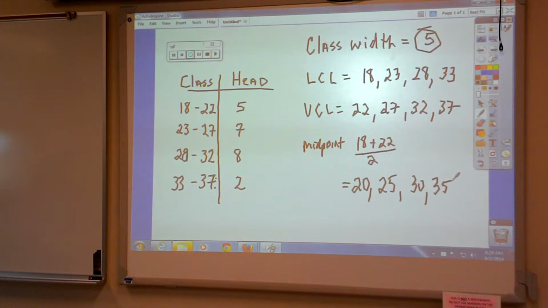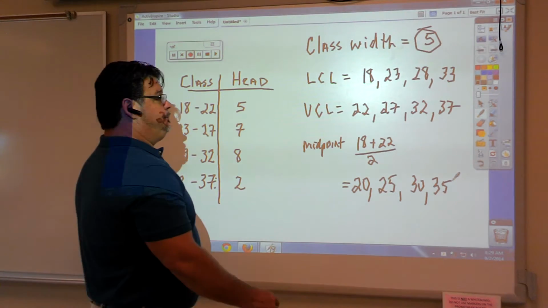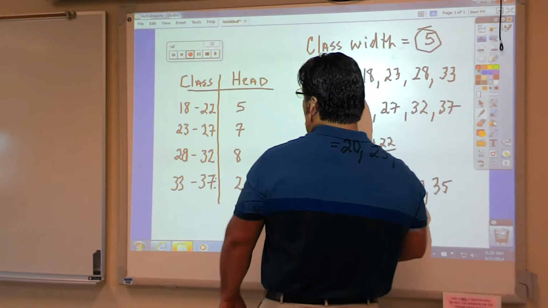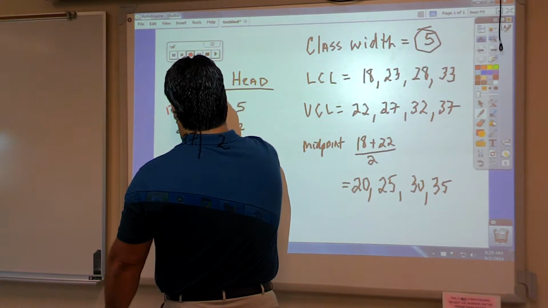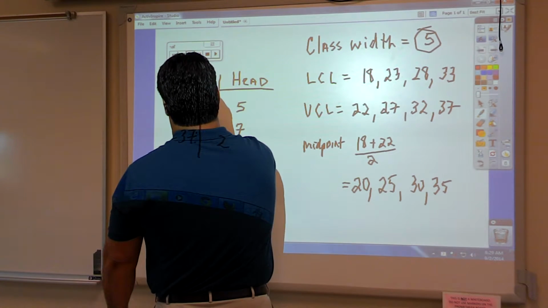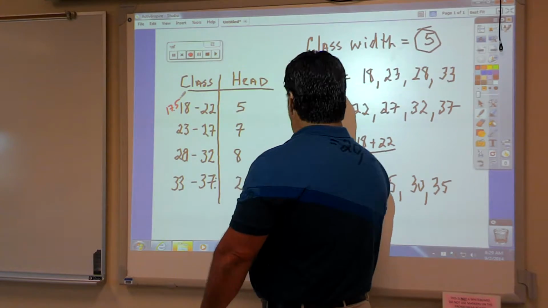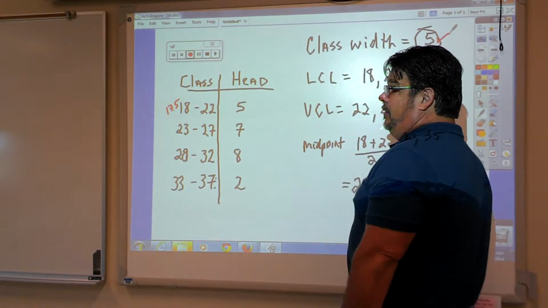Now let's do the boundaries. What are these? These are whole numbers, right? So our class boundaries is going to be to the 10th, which is to the 0.5. So 17.5. Now what do we add? Class width.